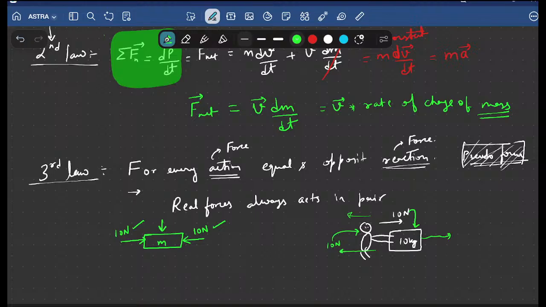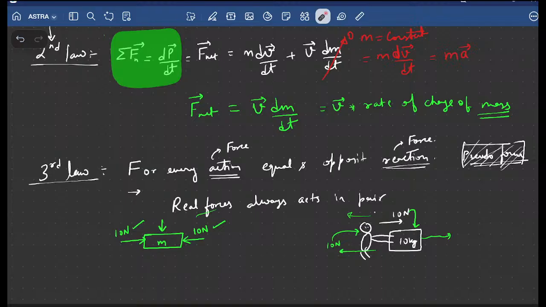If action and reaction are acting on the same body, then we won't call it action and reaction. In the context of Newton's third law, only if forces are acting on a single body, equal in magnitude and opposite in direction, will they cancel each other.